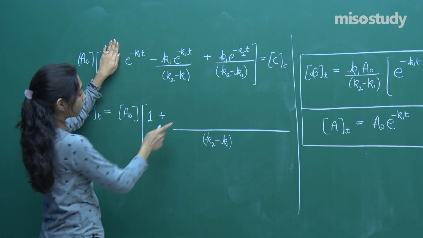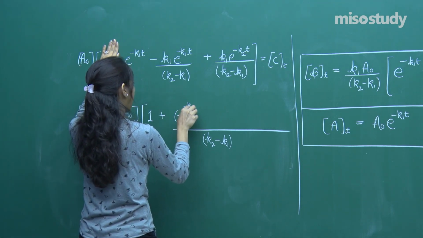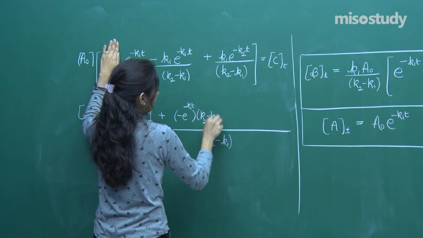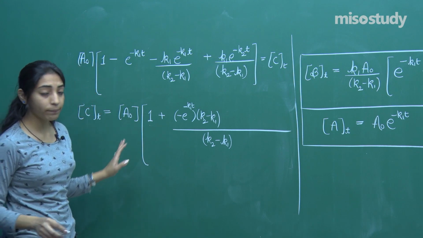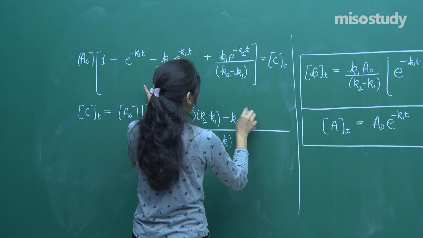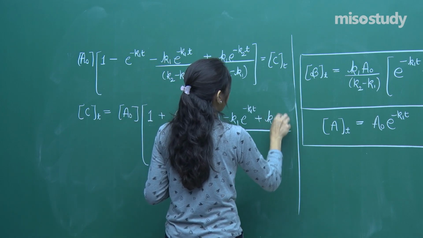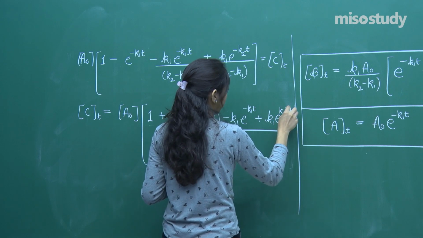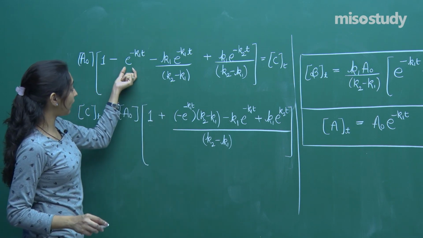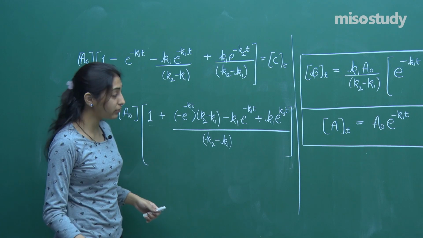So now this will be multiplied here. You will get minus e raised to the power minus K1T multiplied by K2 minus K1. Okay. Then you have minus K1 e raised to the power minus K1T plus K1 e raised to the power minus K2 times T. Okay. So you did the multiplication, this will come there. So minus of this, minus this, plus this. These are the main terms that you will get.